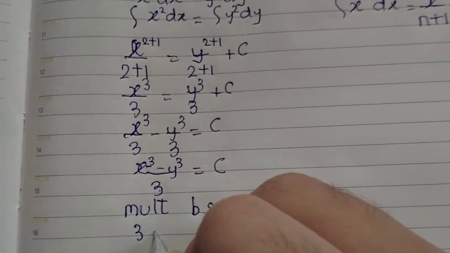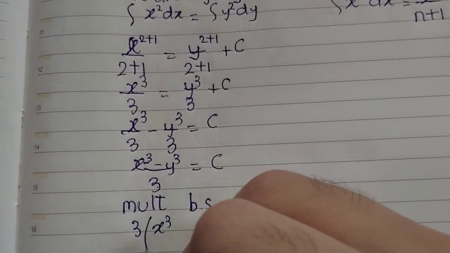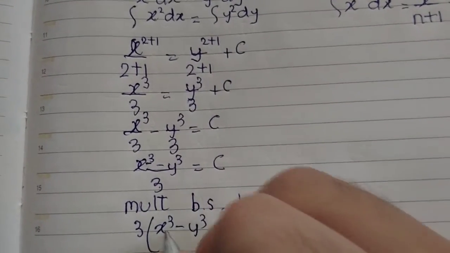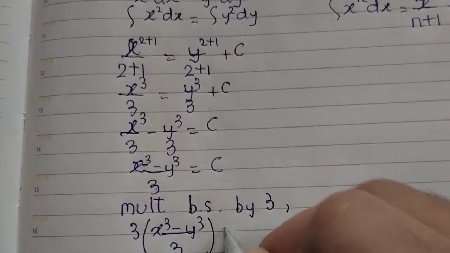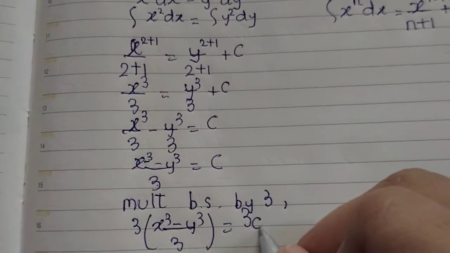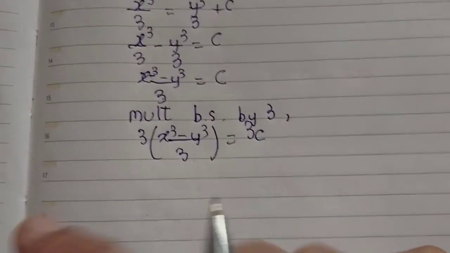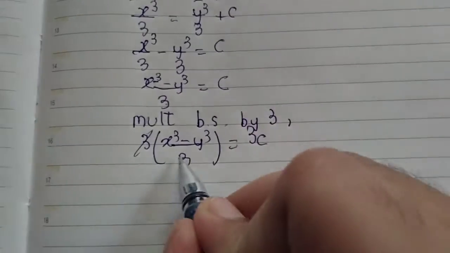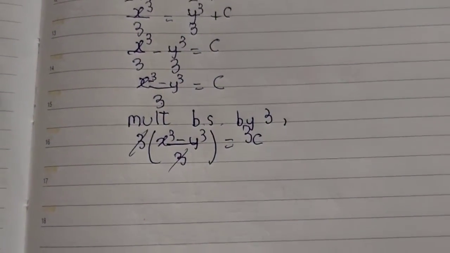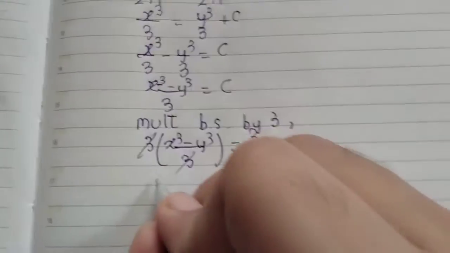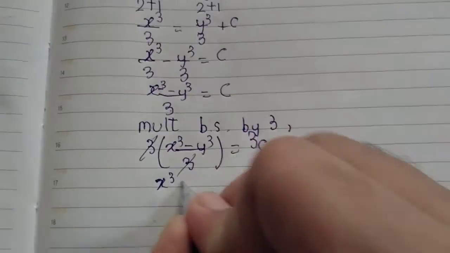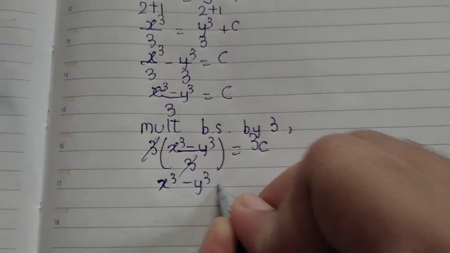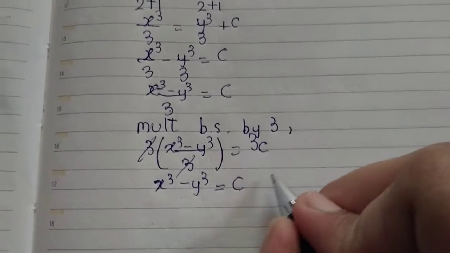So multiplying both the sides by 3, it will be 3 into x cube minus y cube upon 3 is equal to 3c. Cancelling the 3 and 3 part, we will get the final answer x cube minus y cube is equal to c.